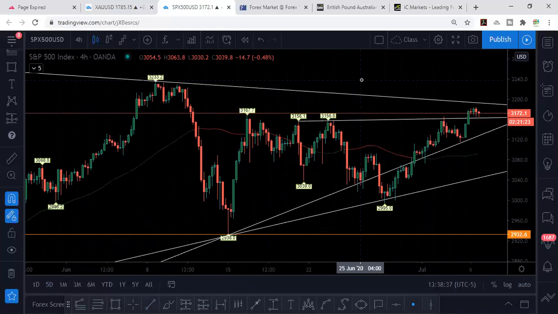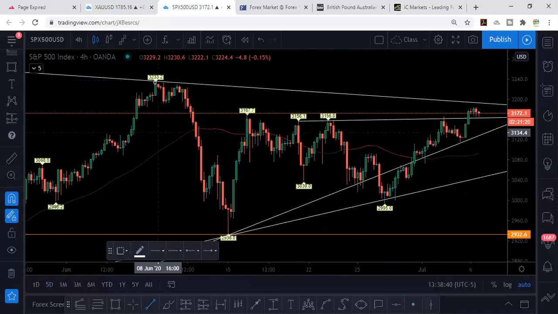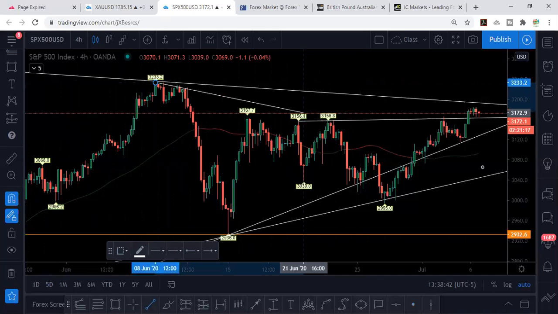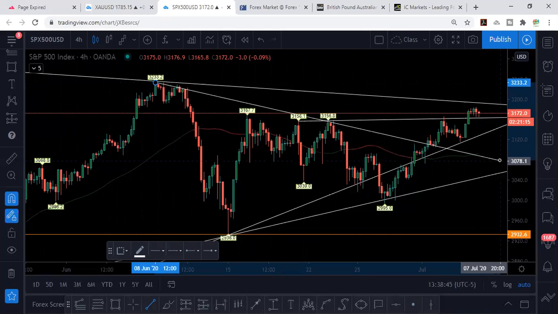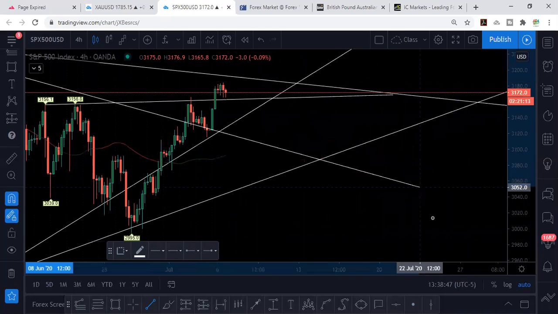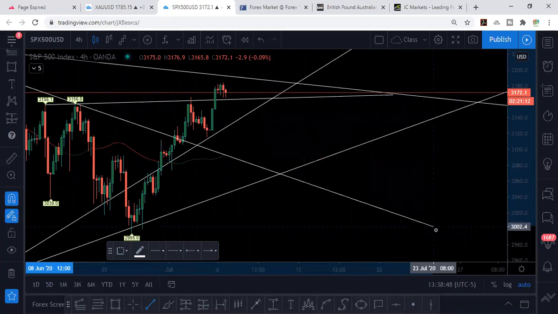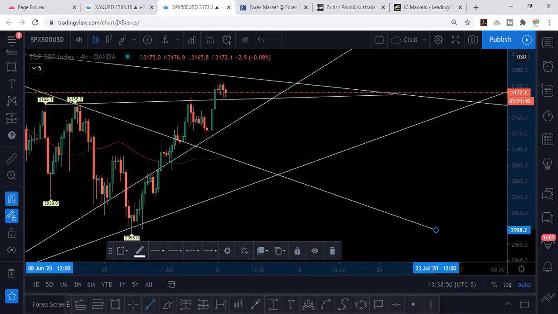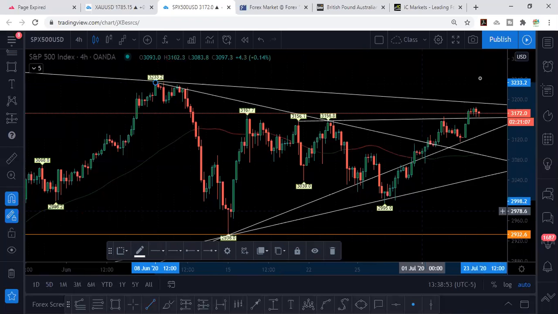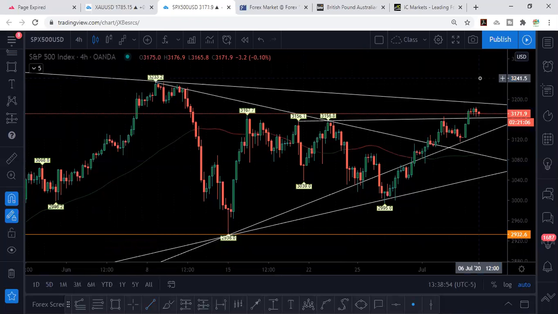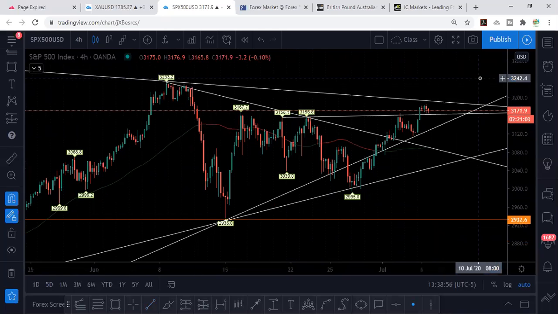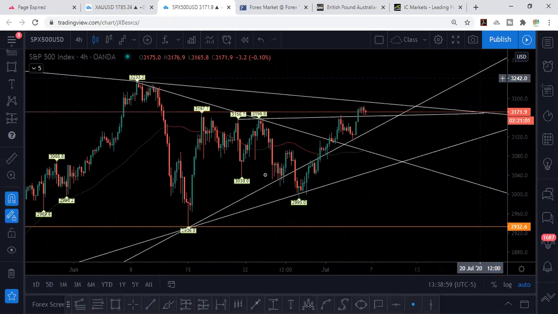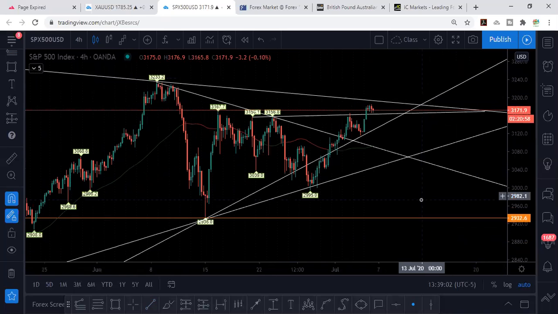So another support, another trend line. I don't think it will break it. If it does break it, then that means a further fall, which is not our interest right now.